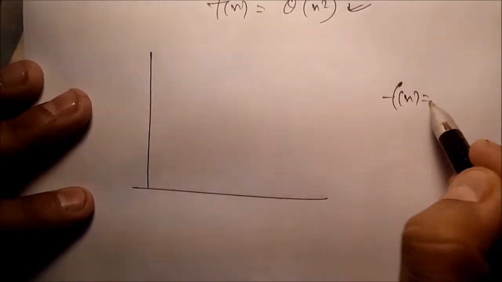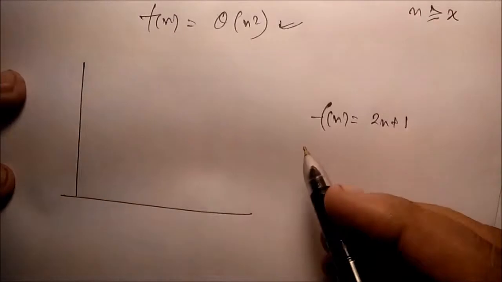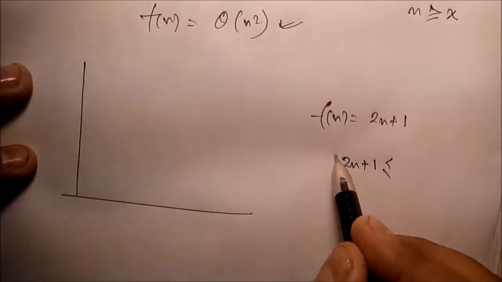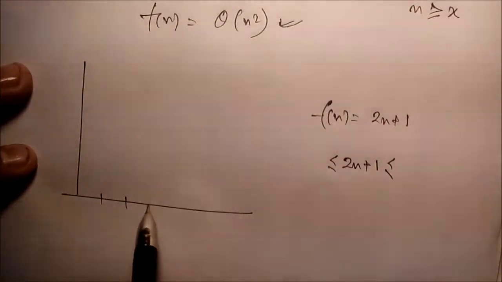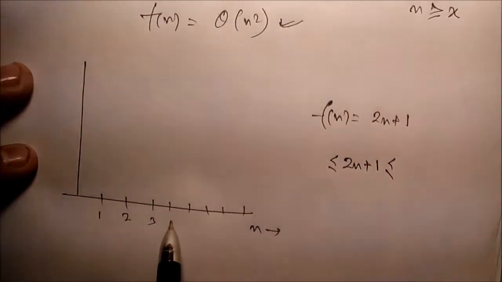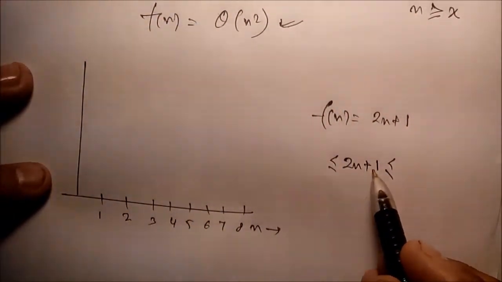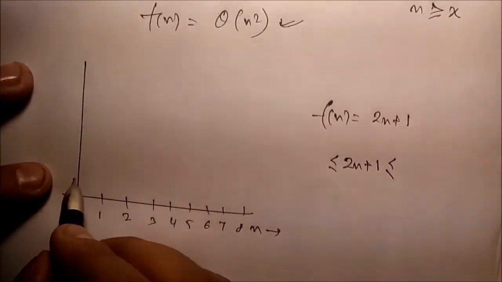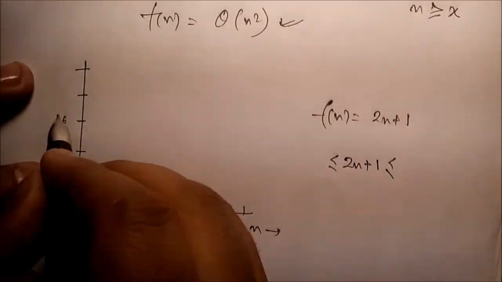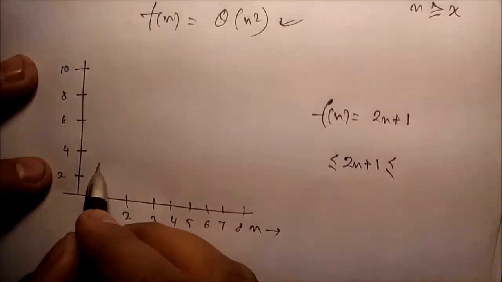Now suppose the Fn is 2n plus 1. If the values of n are like this, 1 2 3 4 5 6 7 8, then if n is equal to 1, then it is 3.